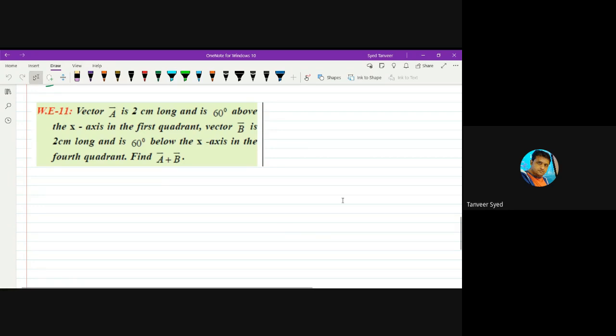So see whether you get it or not. It's the same thing that we have done in our previous examples. It's the same model of question.